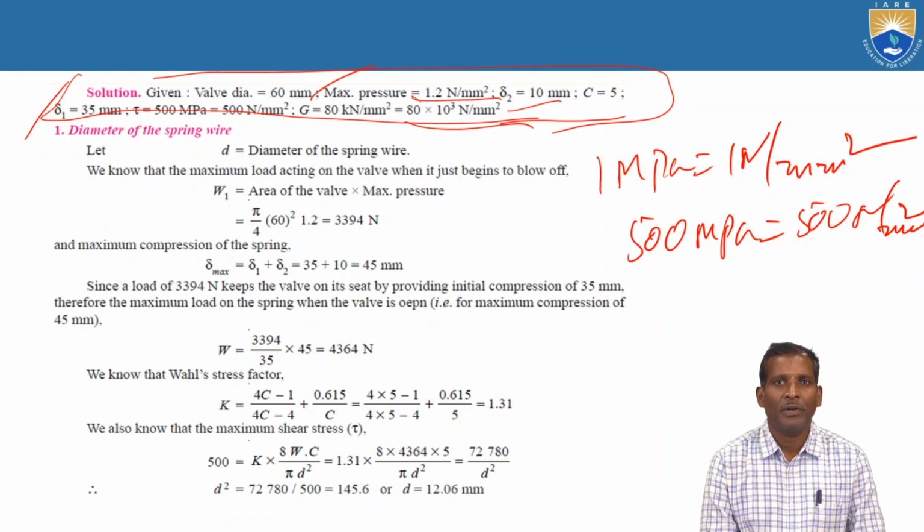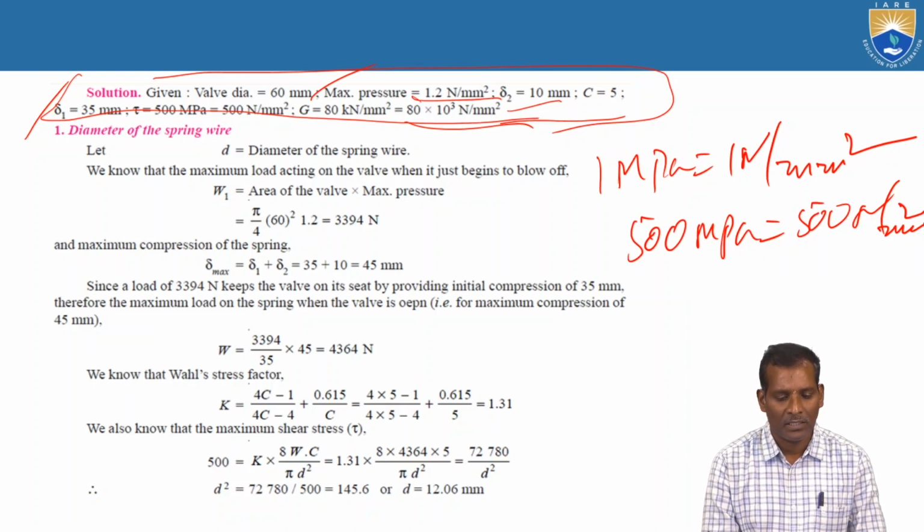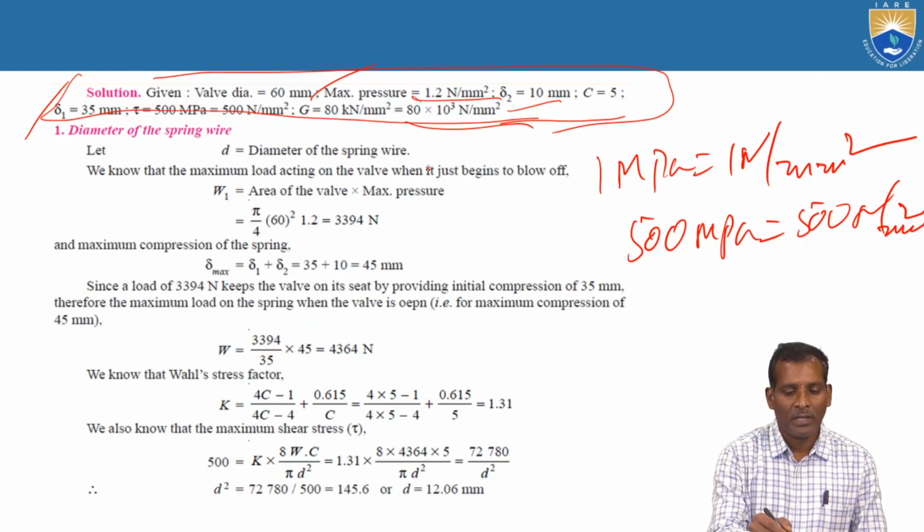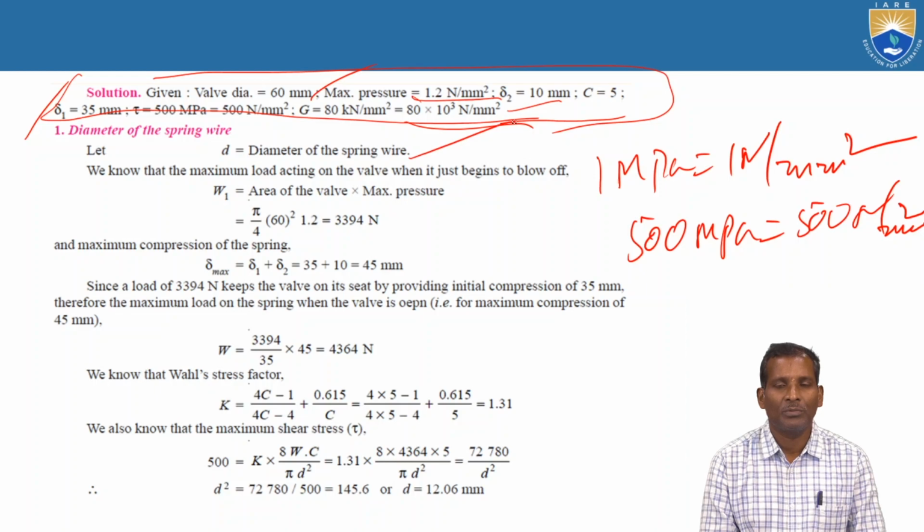The first one is the diameter of the spring wire, small d. How do we calculate the wire diameter? We will see in this procedure. First, let the diameter of the spring wire be small d.